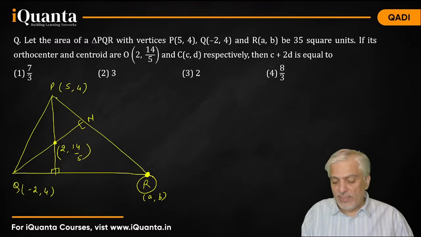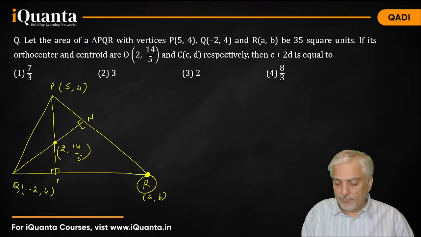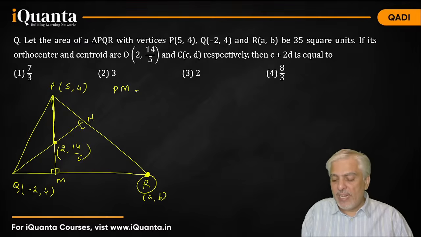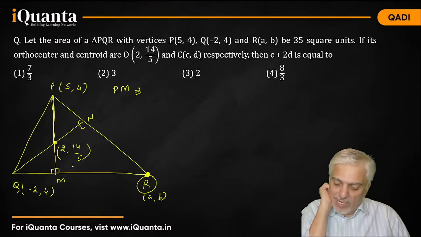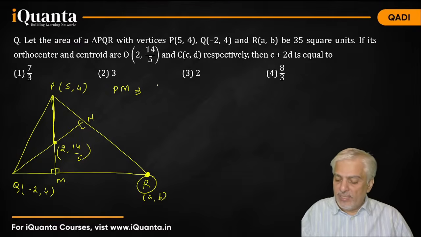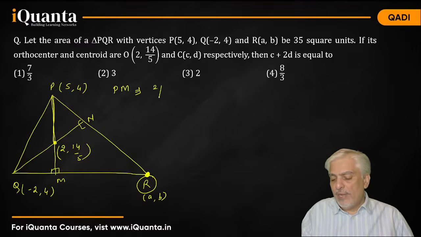I'll first find the slope of PM by these 2 points. 4 minus 14 by 5 will become 6 by 5, 6 by 5 upon 3, that will be 2 by 5. Slope of PM is 2 by 5.